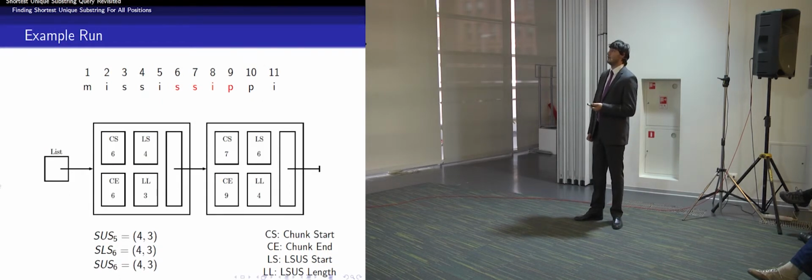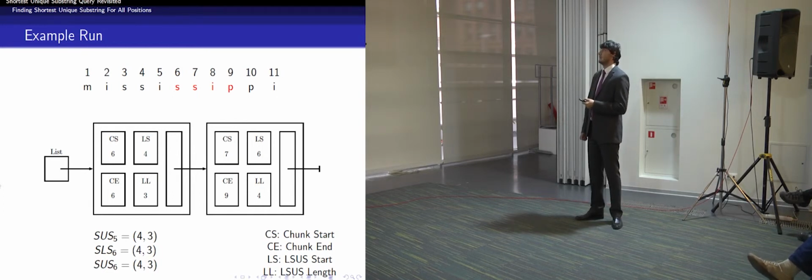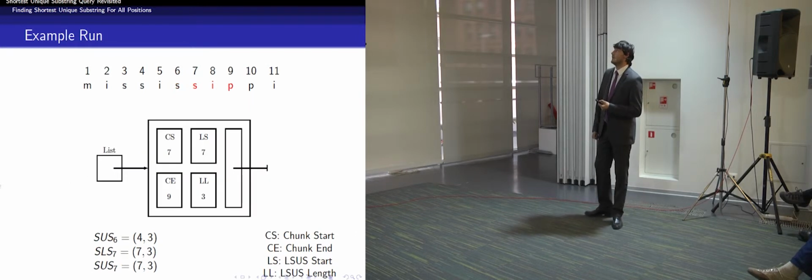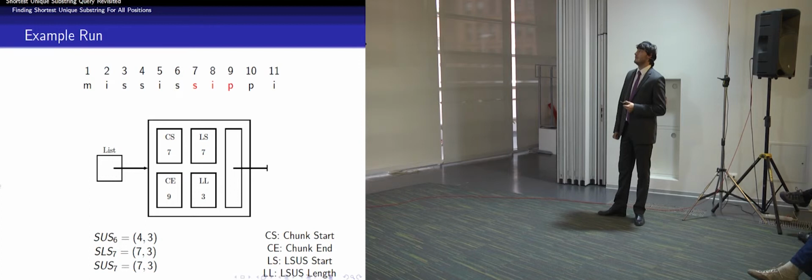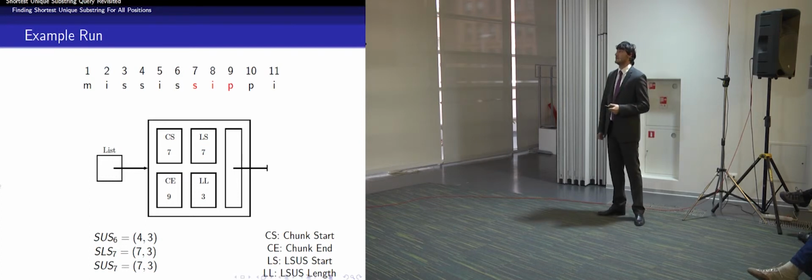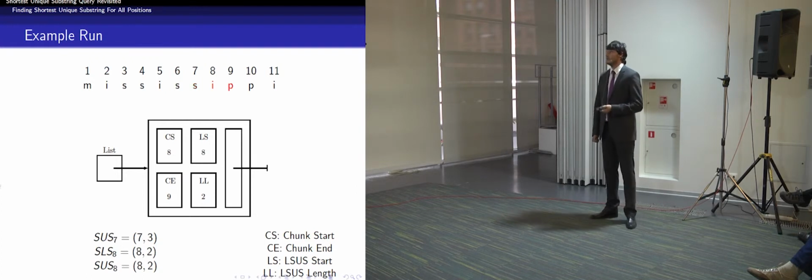Because our head node is now depleted, we discard it. We only have one node left. We calculate the LSAS again, revise it because it is shorter, acquire it, and make the comparison.